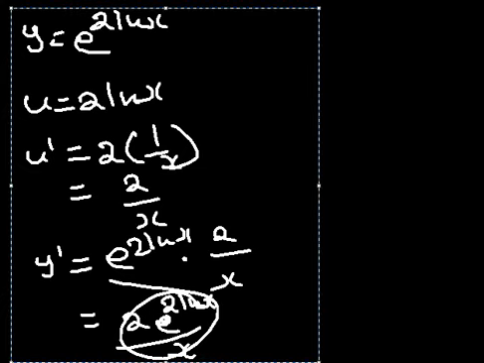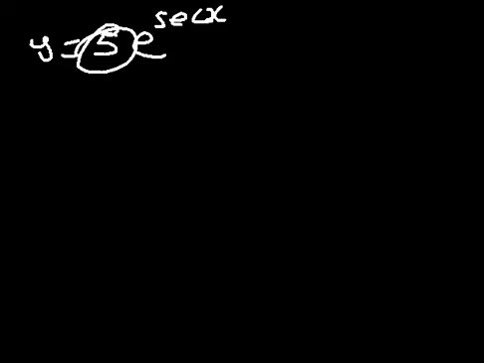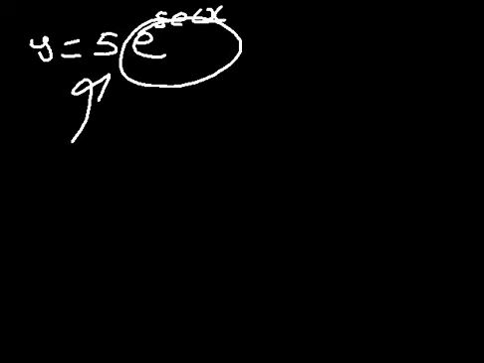And what if you have this case now? Let's say y is equal to 5 e to the power sec x. So what is the derivative of this function? Mind you, this is actually a coefficient. So we have to differentiate this part and then multiply the result by that one.